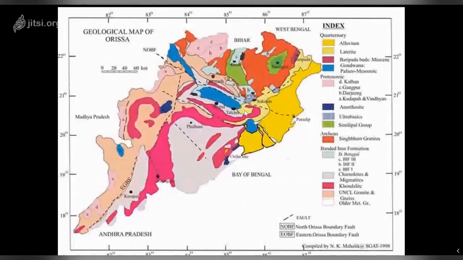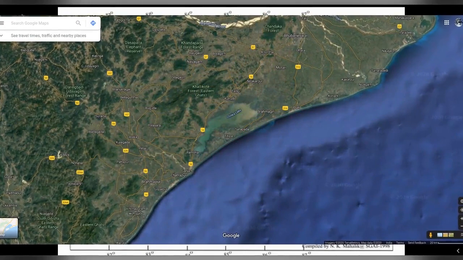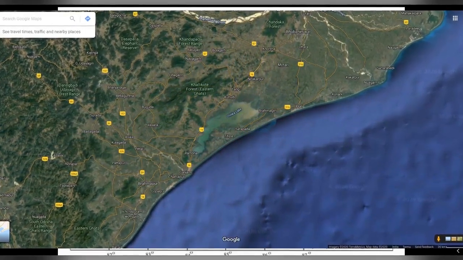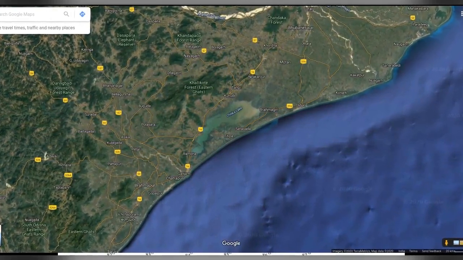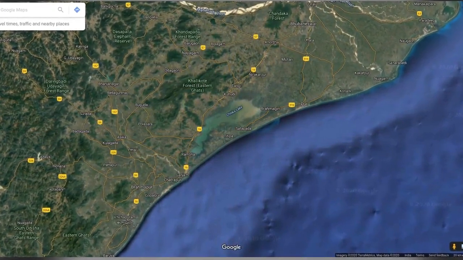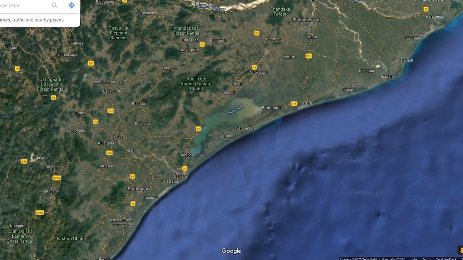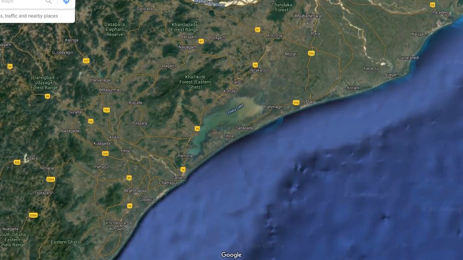Coming to Chilka Lake. Chilka Lake is a wonderful lagoon, spread over a sprawling 1100 square kilometers. It has actually shrunk from a larger area to this today. It also swells by another 100 square kilometers during the rainy season.